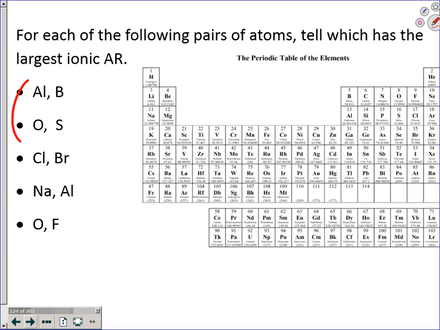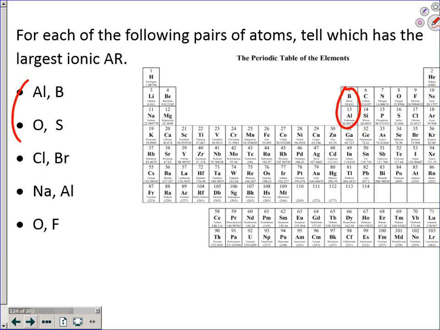1. Okay. Anna, tell me between aluminum and boron, which, by the way, you have to know this periodic table, not memorize it by any means, but you have to know where things are, so you're not hunting and pecking forever. So aluminum and boron are here. Anna, who has a larger radius?